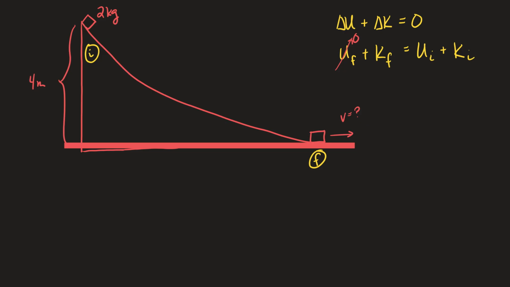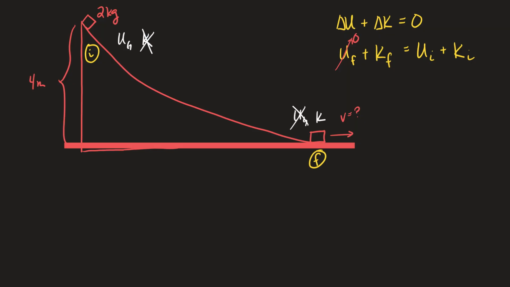Now, in the old days, what I do is I just list all the forms of energy that could exist. You only have two. You list them at both states, and then just ask, is it likely that it has one or the other of these at each state? It can have both, but if it's not moving, it doesn't have kinetic. And if it's not above the reference level, it doesn't have potential.